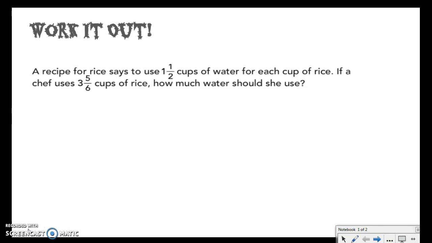A recipe for rice says to use 1 1/2 cups of water for each cup of rice. If a chef were to use 3 5/6 cups of rice, how much water should she use? So the first thing you need to do is go ahead and write your problem out. You know it's going to be 1 1/2 times 3 5/6.